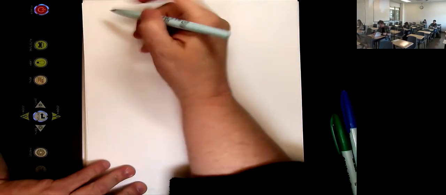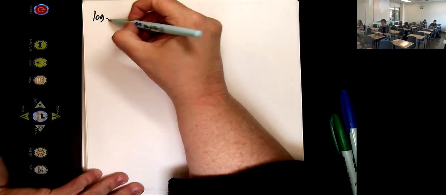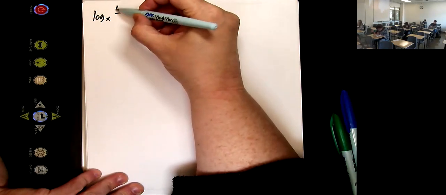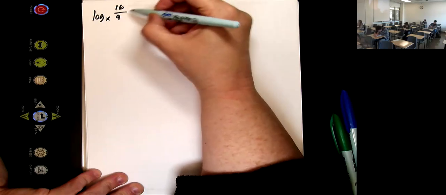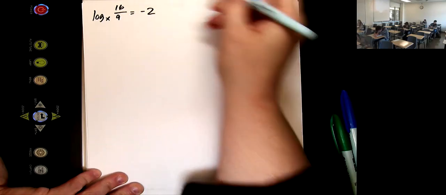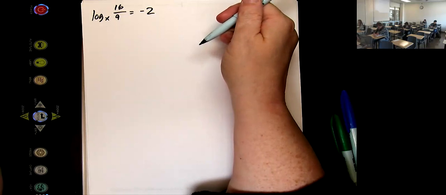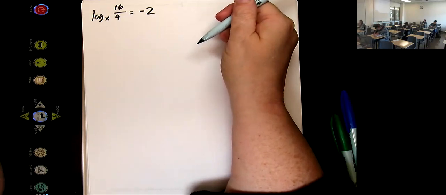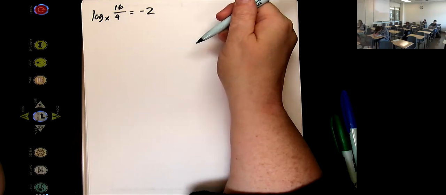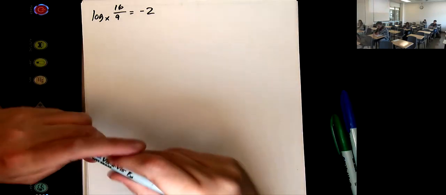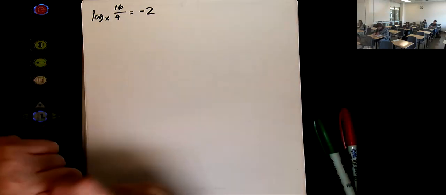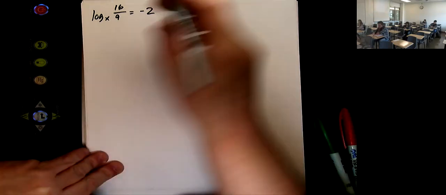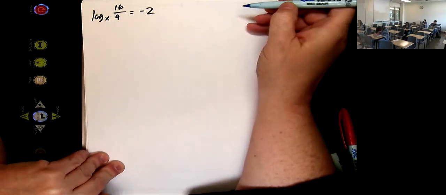Let's say we had log base x of 16/9 equals -2. We're going to apply what we're learning and rewrite this as the other form.